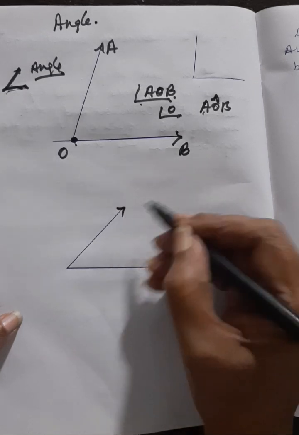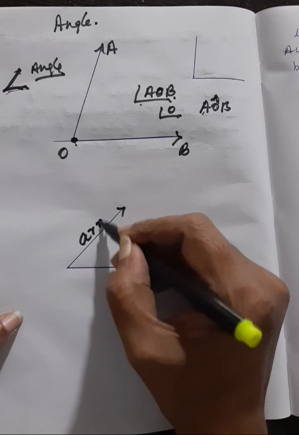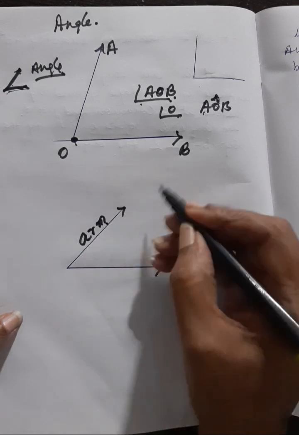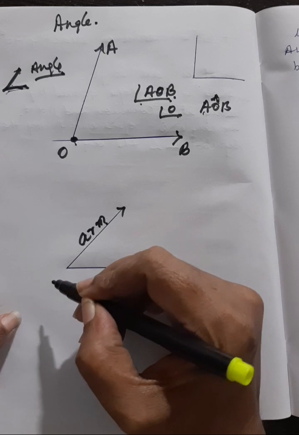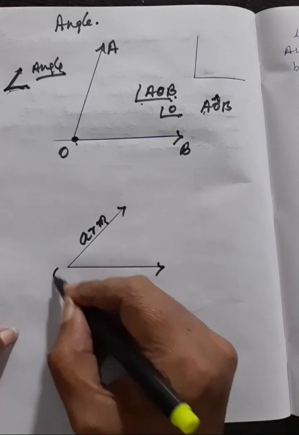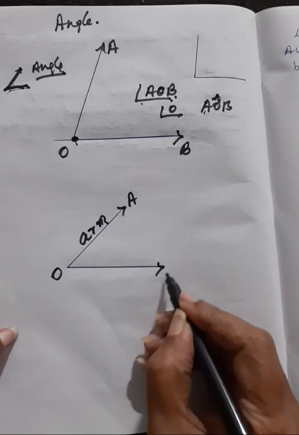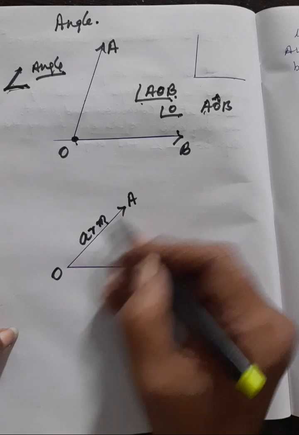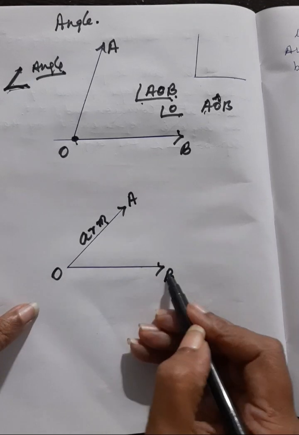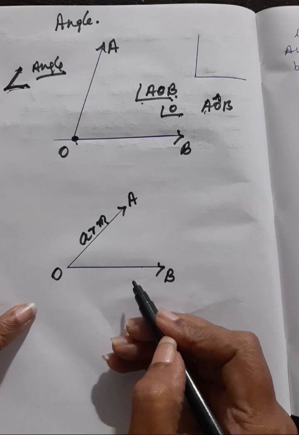Next, after that, parts of an angle. So parts of an angle means this is arm. The two rays joining to form an angle. For example, this is OA and this is OB. Now OA and OB are two rays. Okay, understood?